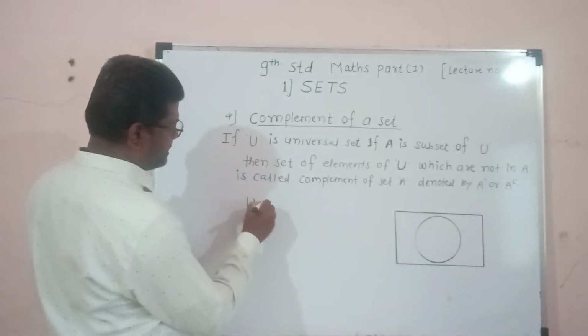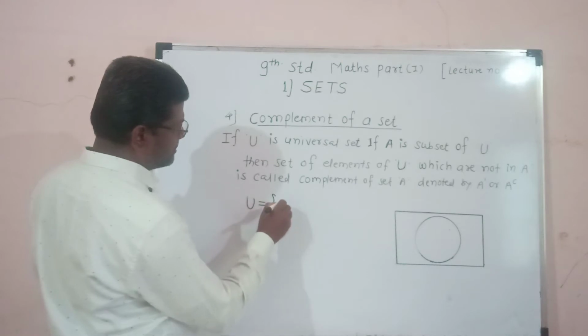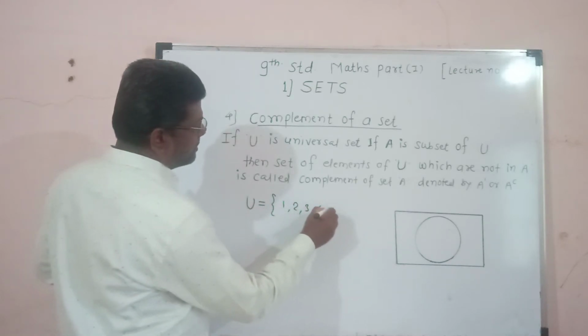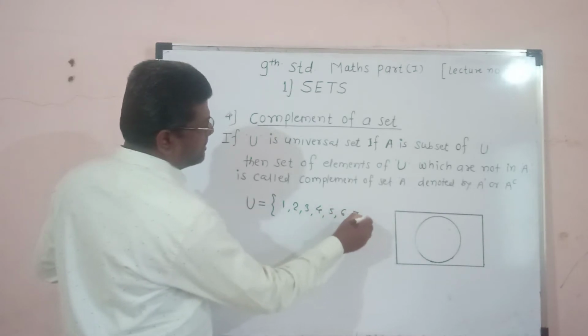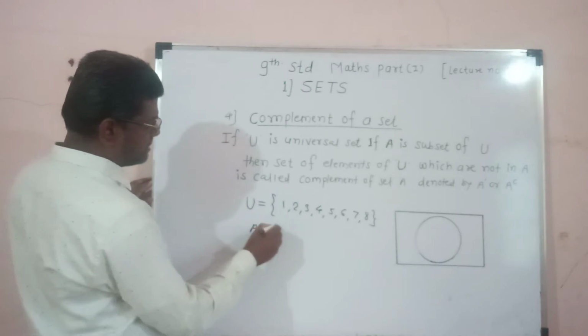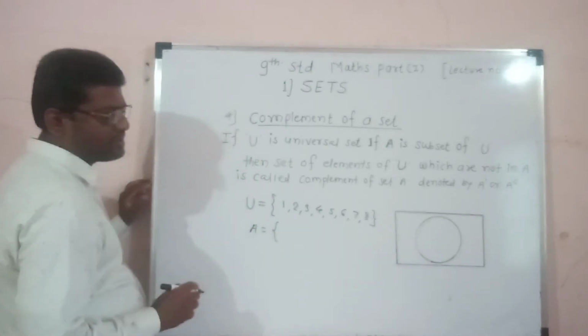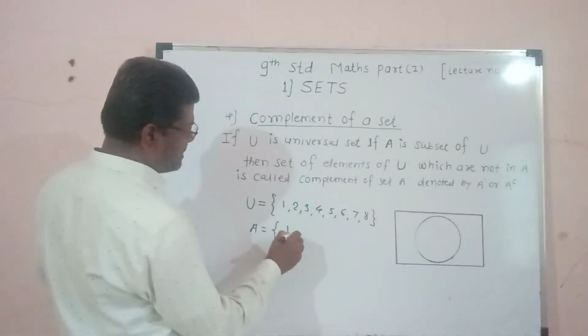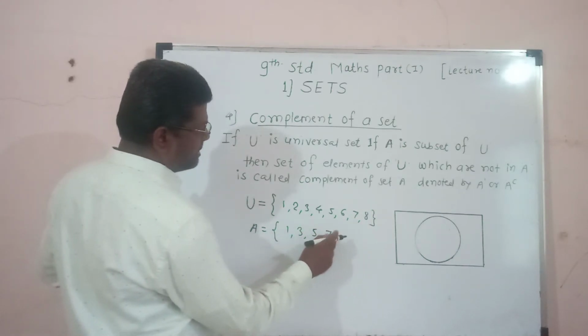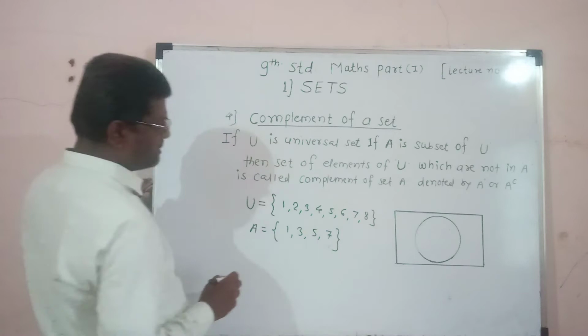Suppose universal set U is equal to the set of elements 1, 2, 3, 4, 5, 6, 7, 8, and let A be a subset of this universal set, and the elements of this set are 1, 3, 5, 7.